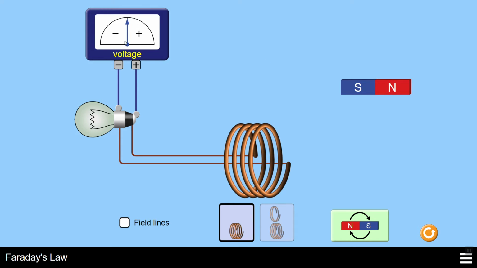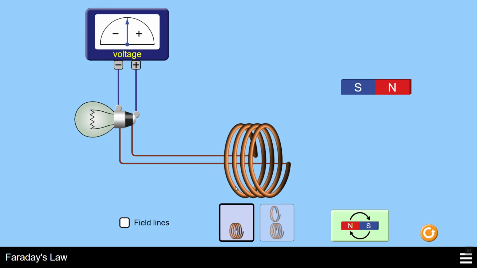And here we have the voltage meter with two ends connected to a bulb, and this bulb is the entity or the asset in our experiment. So this is also a part, the voltage meter is also a part, the magnet is also a part, and here comes the last part of our simulation, which is the coil, which has four rounds in it.